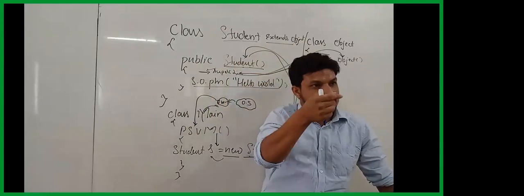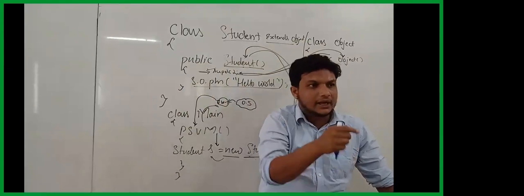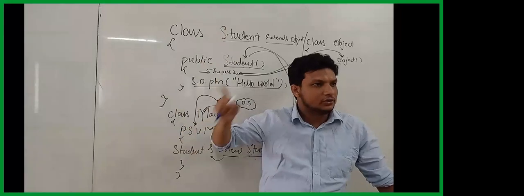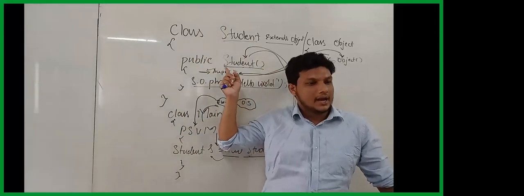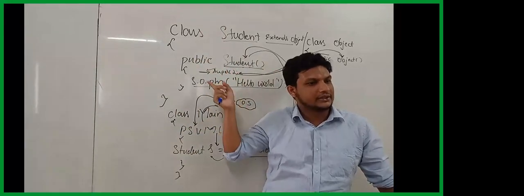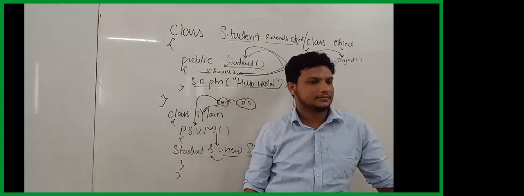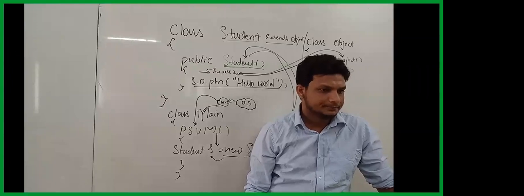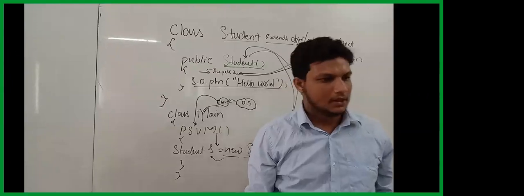Before executing the constructor of the same class, it will go to the parent class, that is, the Object class constructor. It will execute that, come back to the same place, and then execute the class constructor, then go back to the same place. Clear? Understood? Online? Yes, sir. Okay. Please make these changes in your program.